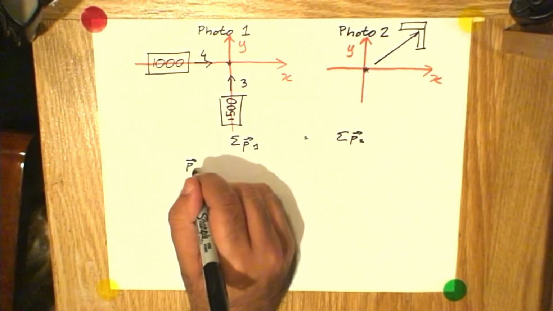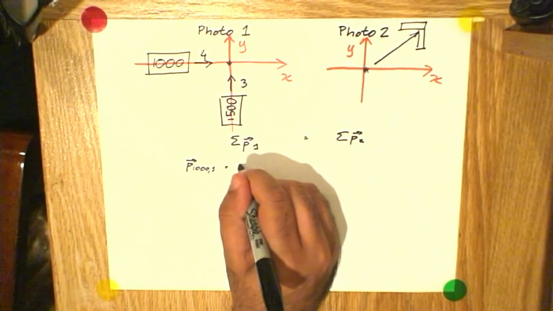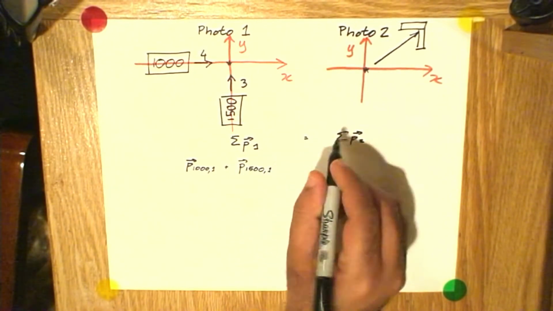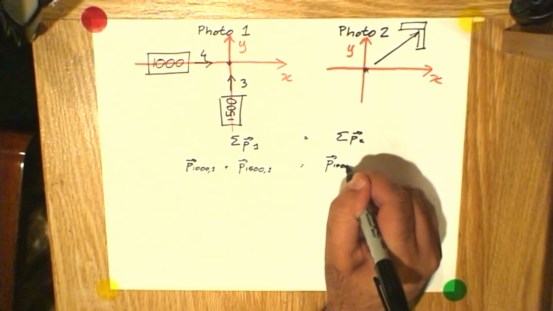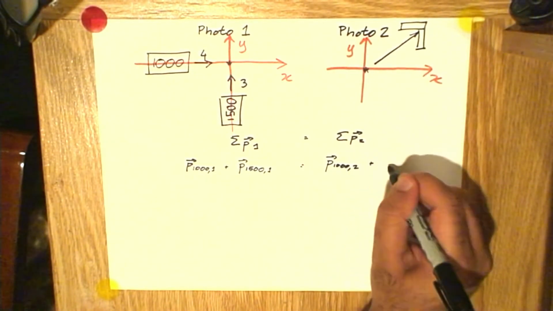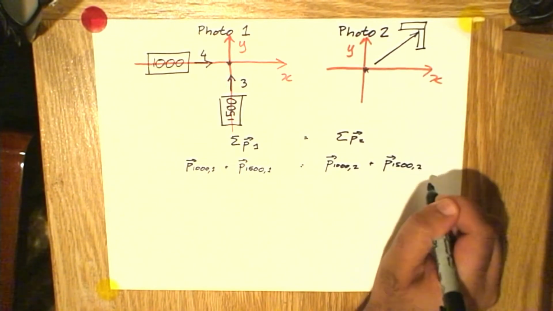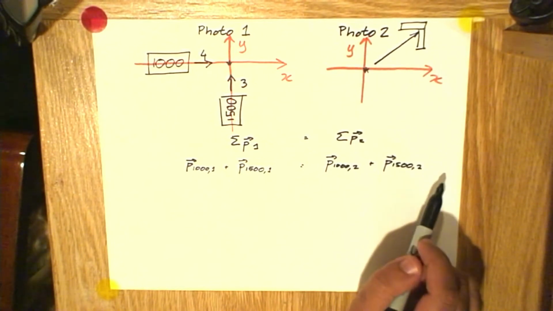There's the momentum of the 1,000 in photo 1 plus the momentum of the 1,500 in photo 1. And that's got to be equal to the momentum of the 1,000 in photo 2 plus the momentum of the 1,500 in photo 2.